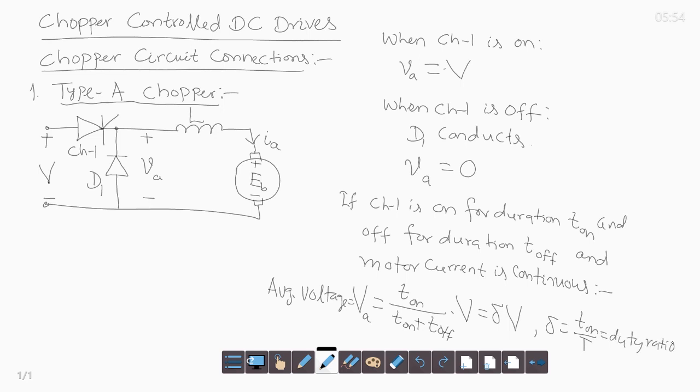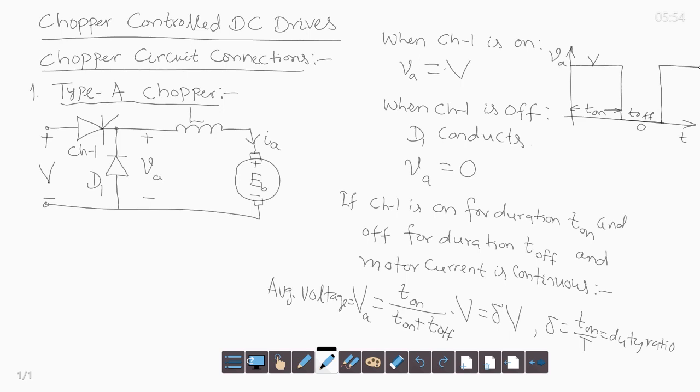This is the time versus voltage VA plot. When the chopper is on, voltage V is applied to the motor, and when the chopper is off, freewheeling is occurring, so the voltage is 0. Again when the chopper is on, V is applied.